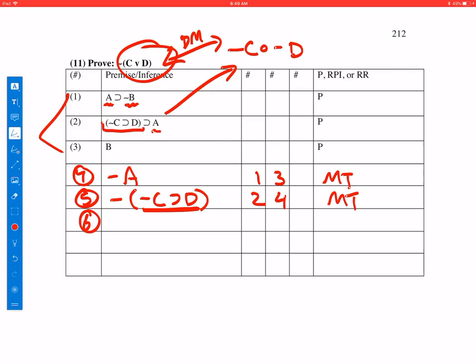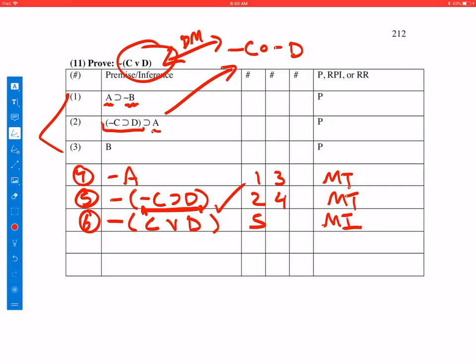The first thing I'm going to do is change this if-then in here into an or. So I'm applying a rule of replacement, material implication, to just what's inside the brackets here. When I apply it, the not C becomes a C, the then becomes an or, and the D stays the same. That'd be from 5 by material implication.